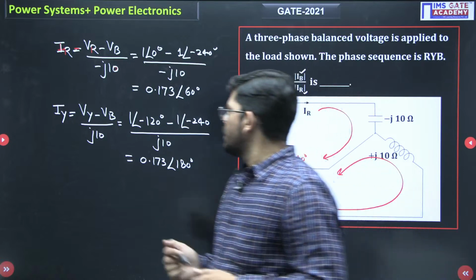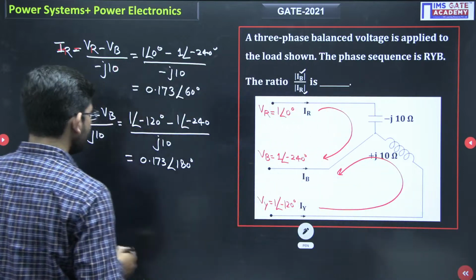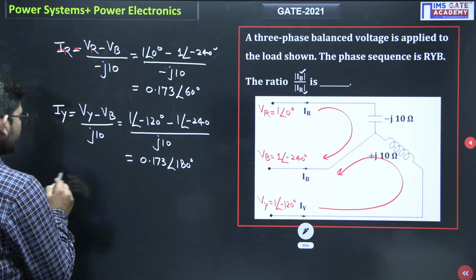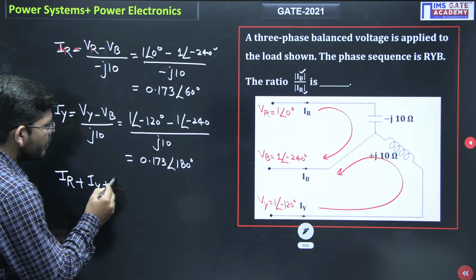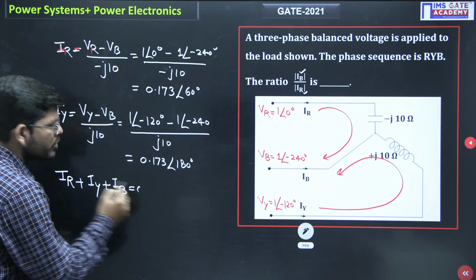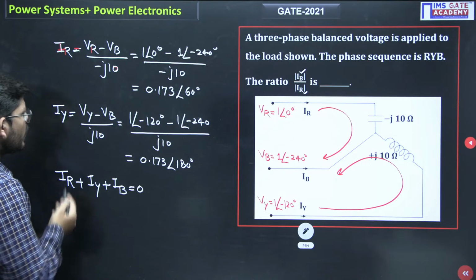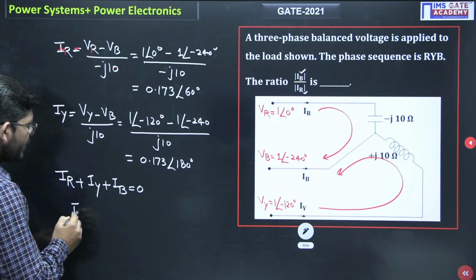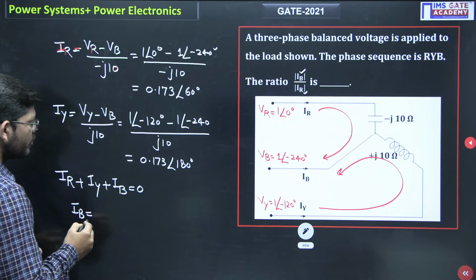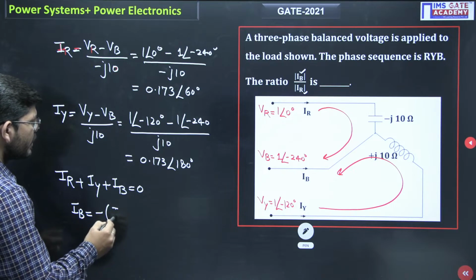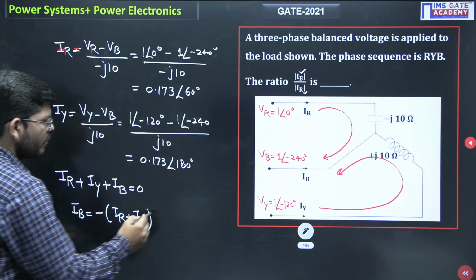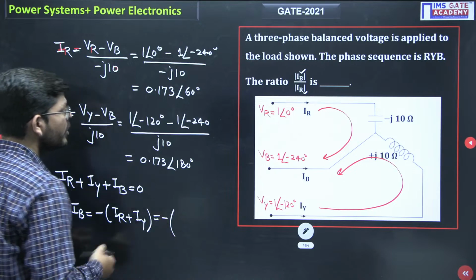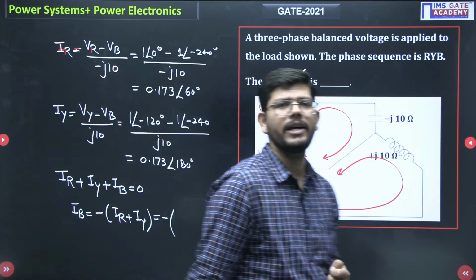Now since the system is balanced, we have IR plus IY plus IB equals 0. IR and IY are known to us. So IB will be equal to minus of IR plus IY. Now put the values: what is the value of IR and IY that we have obtained?